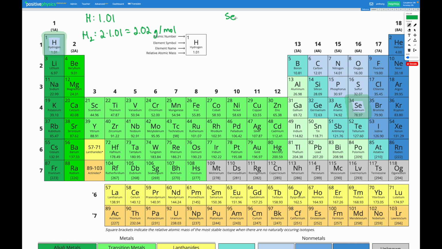For selenium, the atomic mass was 78.97. So for Se8, the molar mass is going to be 78.97 multiplied by 8, which gets us 631.76 grams per mole.